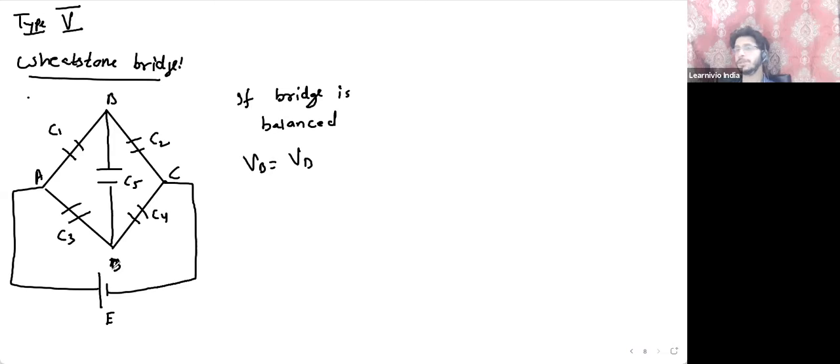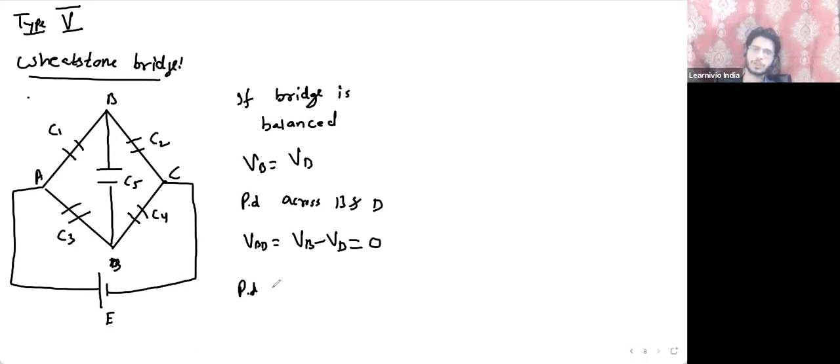If potential at B and D is same, that means potential difference across B and D, which is VB minus VD, will be equal to 0. So balanced bridge means potential drop across this C5 capacitor is 0. Means potential difference across C5 is 0. That is V5 is 0.